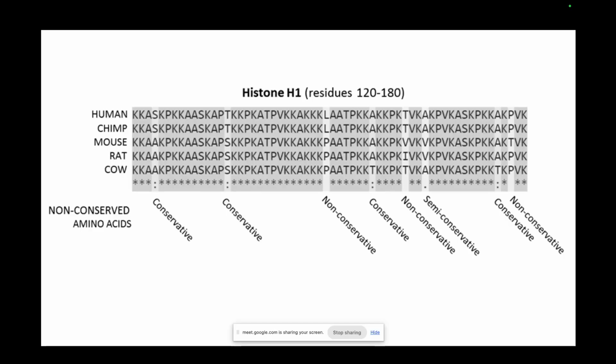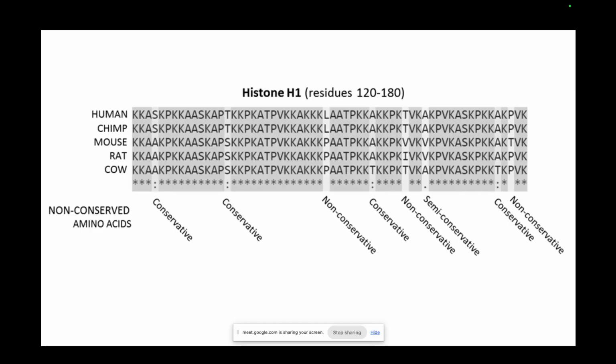For example, this picture is taken from Wikipedia. These are histone sequences, so these are protein sequences, not genomic sequences. As I said, for understanding adaptation and evolution, we can use both types of sequences to see how we have diverged from our ancestors.